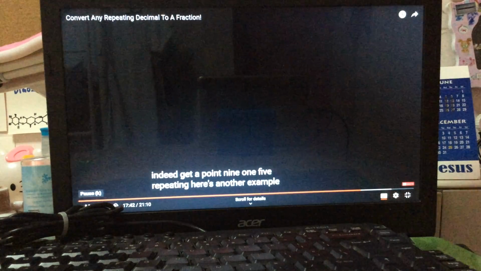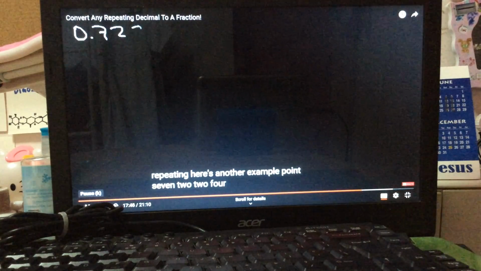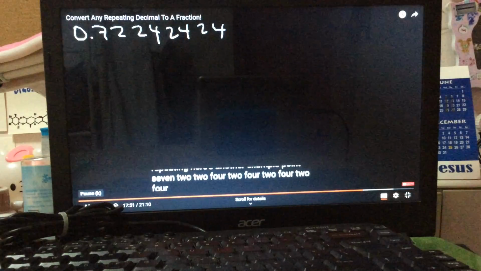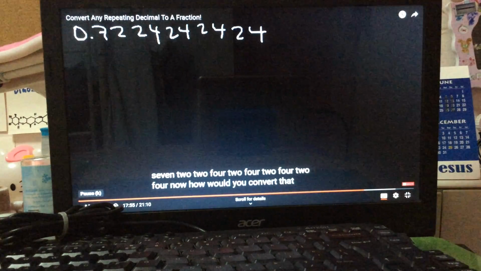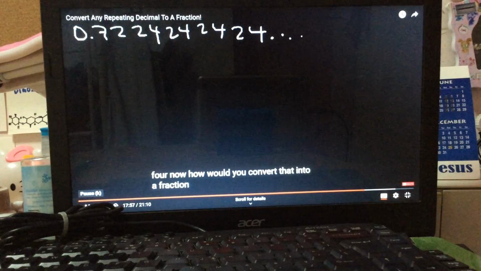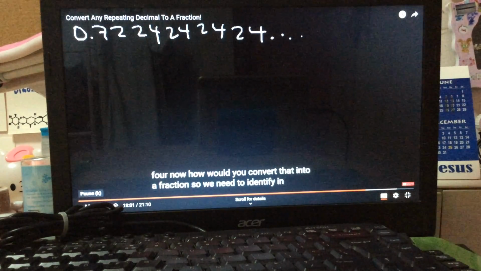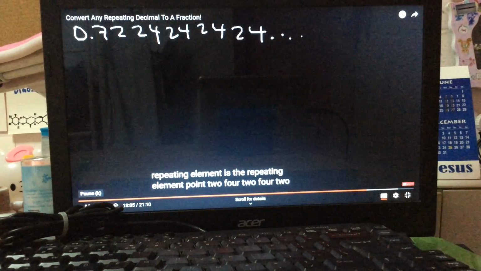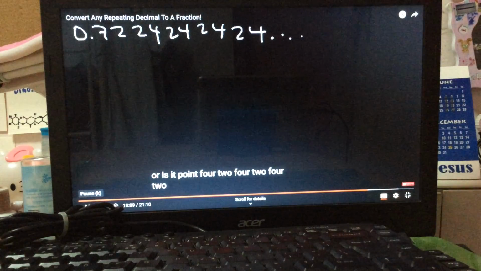Here's another example: 0.7224242424. Now, how would you convert that into a fraction? So we need to identify the repeating element. Is the repeating element 0.242424, or is it 0.424242?